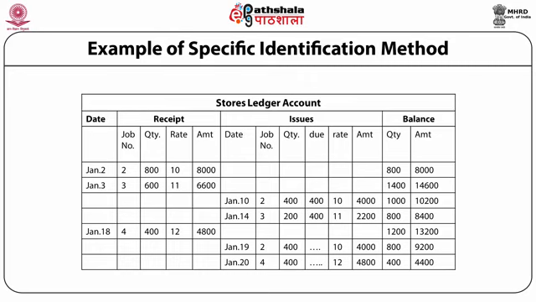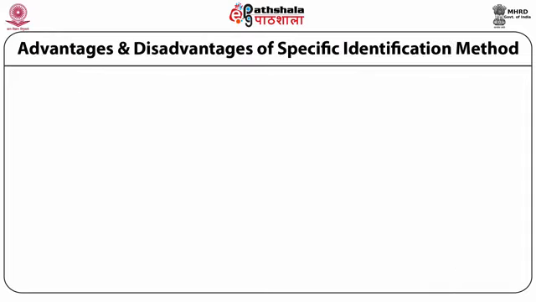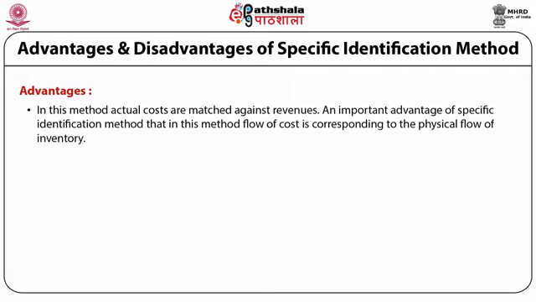So it makes clear that in the specific identification method, materials are issued according to specific jobs and they can be separated. It is important to study the advantages and disadvantages of the specific identification method. In this method, actual costs are matched against revenues.